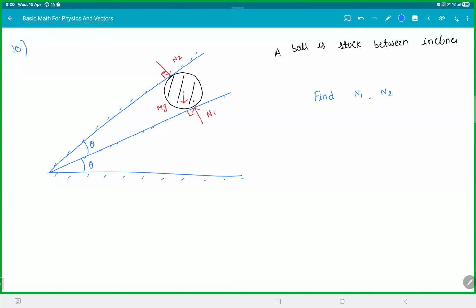Question actually, my network is slow. There are two inclines. You can see the picture, right? So horizontal floor, incline, and incline. And the angles between them are theta. Right? And here we got a ball which got stuck between the inclines. So find N1 and N2 if the ball is at rest. Are you able to see how the picture looks? How the ball got stuck? Yes. If I have to show you, it looks something of this sort.